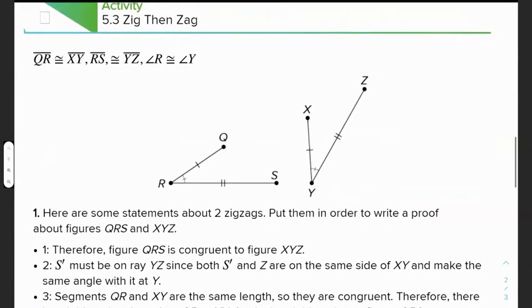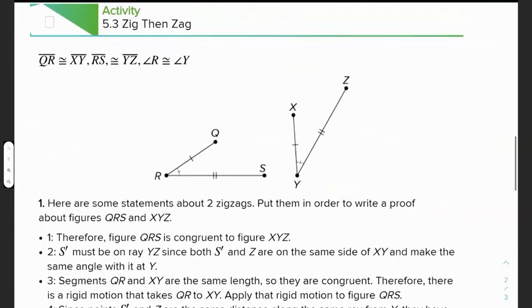Whoa. All right, let's look at this one. Zig, then zag. They give us some information right away. They tell us that QR is already congruent to XY. So let's go ahead and highlight that.